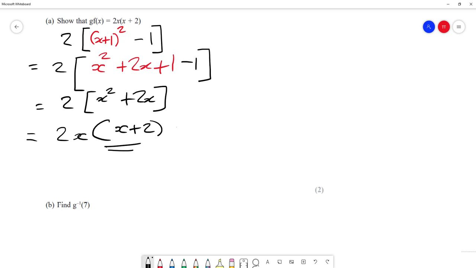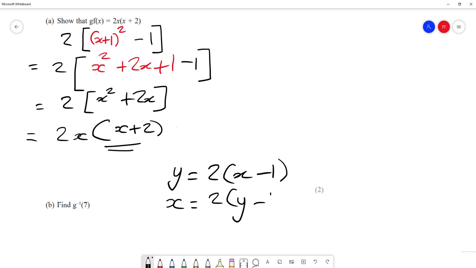We need to find the inverse function and then substitute 7 into it. So we know that g of x is 2 bracket x minus 1. So we can write that as y equals 2 bracket x minus 1. For an inverse function question, we always swap x and y. So we get x equals 2 times (y minus 1).